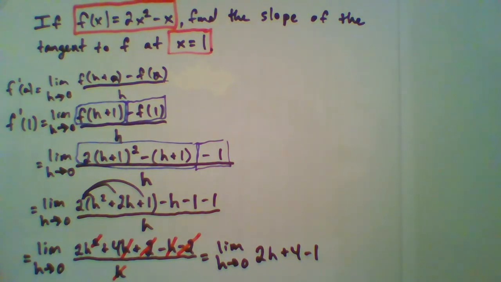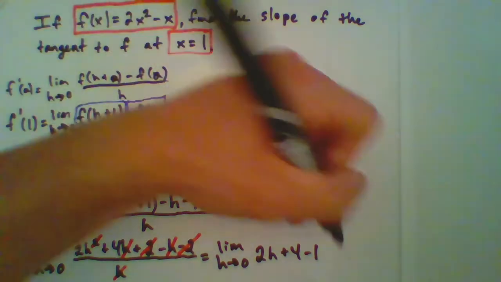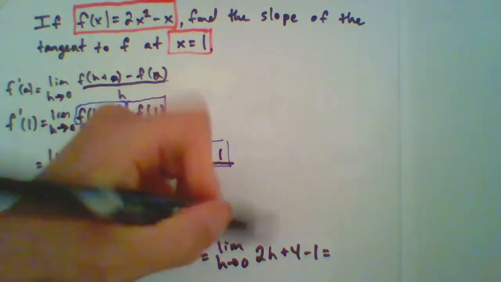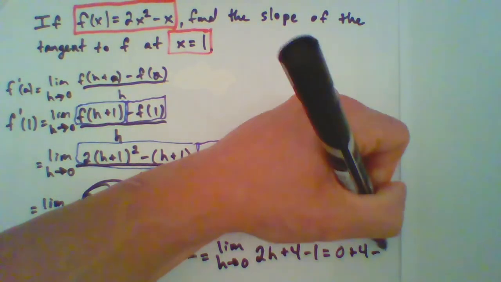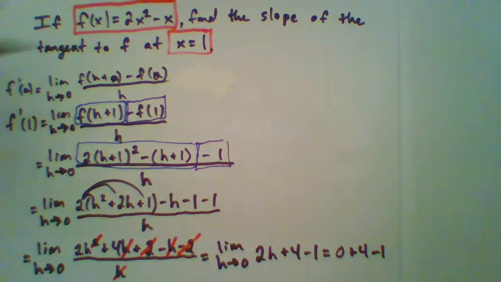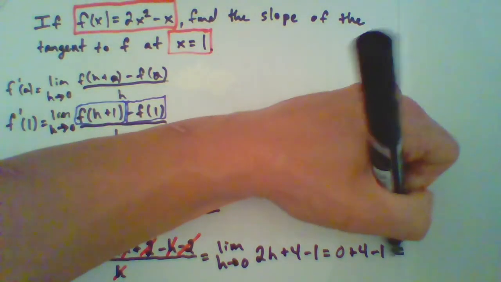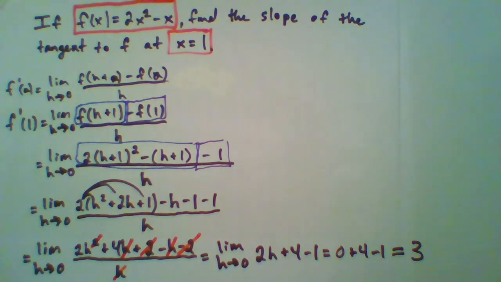I finally reached the step where I can substitute 0 in for h, because if I do that, I don't have to divide by 0 anywhere. So if I make h equal to 0, I end up with 0 plus 4 minus 1, which is equal to 3.